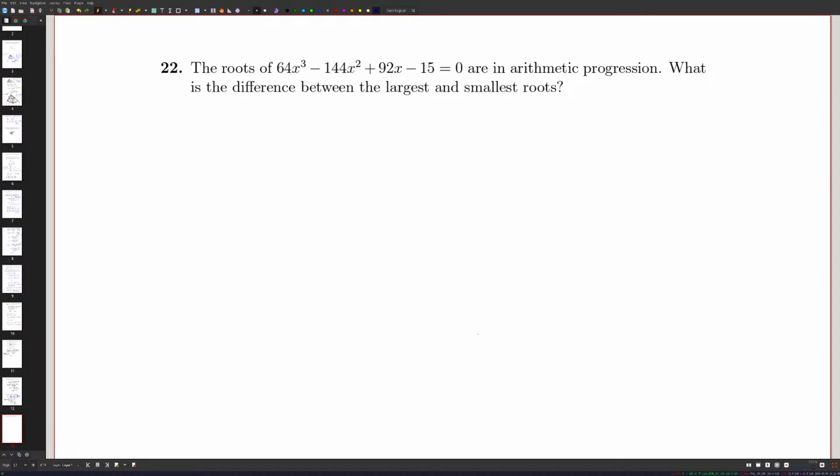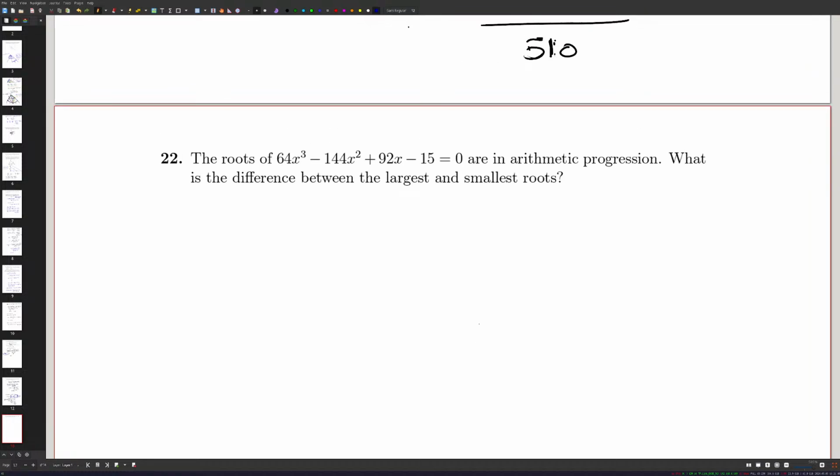Oh, he did factorize. Okay, cool. 1 isn't a root, so they're not that nice to you.